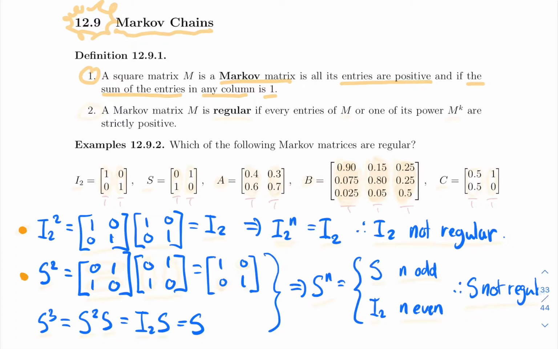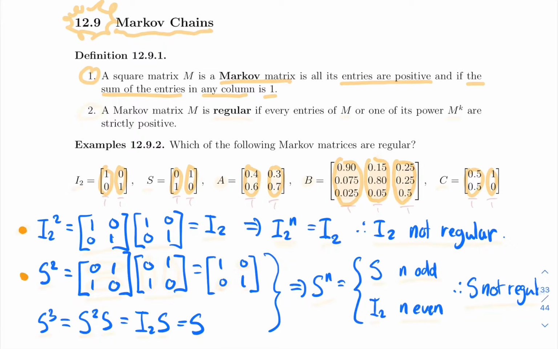If you look at our examples below, all 5 matrices are Markov, because if you look at the columns: 1 plus 0 is 1, 0 plus 1 is 1, 0.4 plus 0.6, 0.3 plus 0.7, 0.9 plus 0.075 plus 0.025, 0.15 plus 0.8 plus 0.05, that's 1, 0.25 plus 0.25 plus 0.5 is 1, 0.5 plus 0.5, and 1 plus 1.